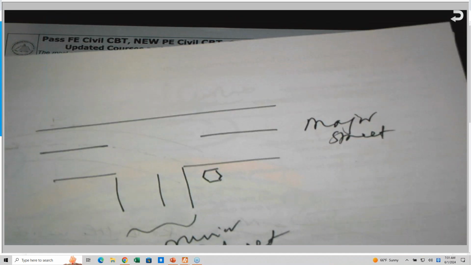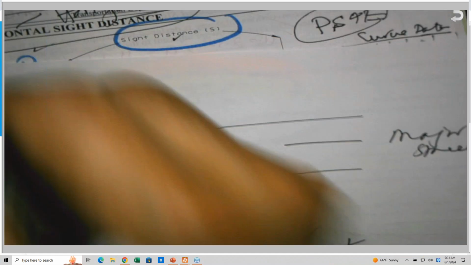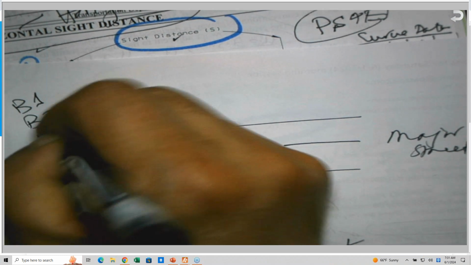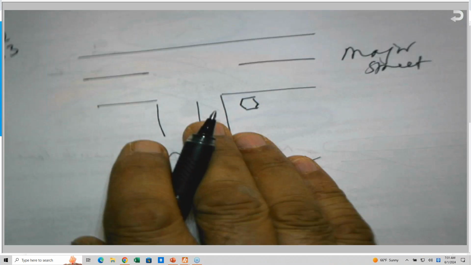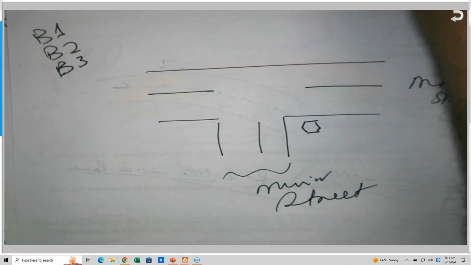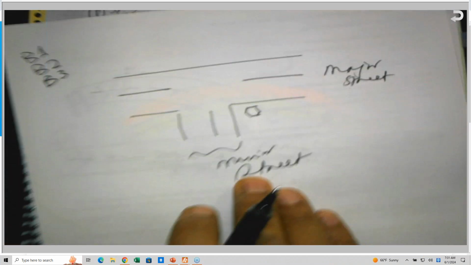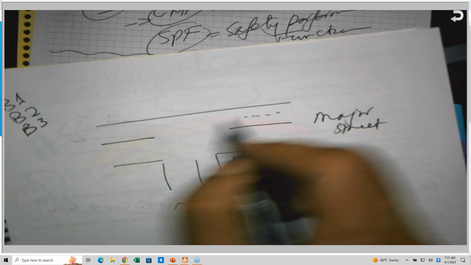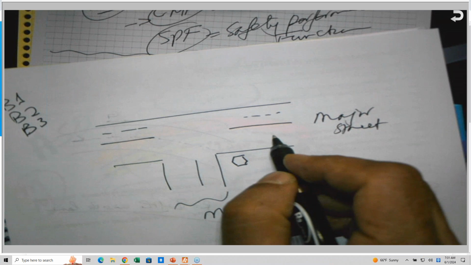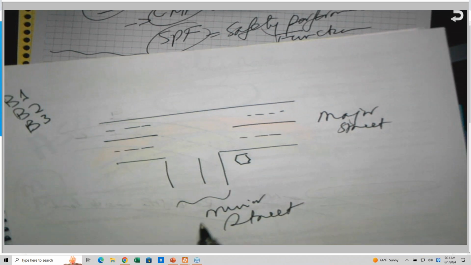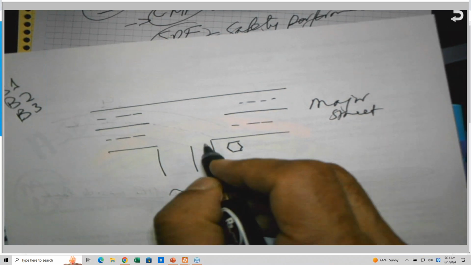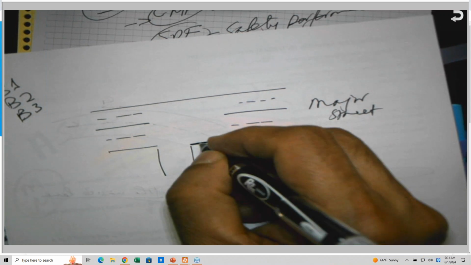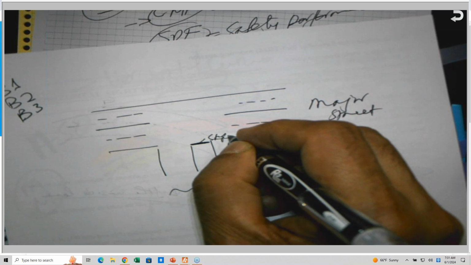As we covered in B1, B2 and B3, the corner sight distance or the intersection sight distance. Let me zoom out a little bit so I can cover the camera, so forgive me for that. I don't know how many lanes there are here. Do we have a median or not? And there is a stop line here.